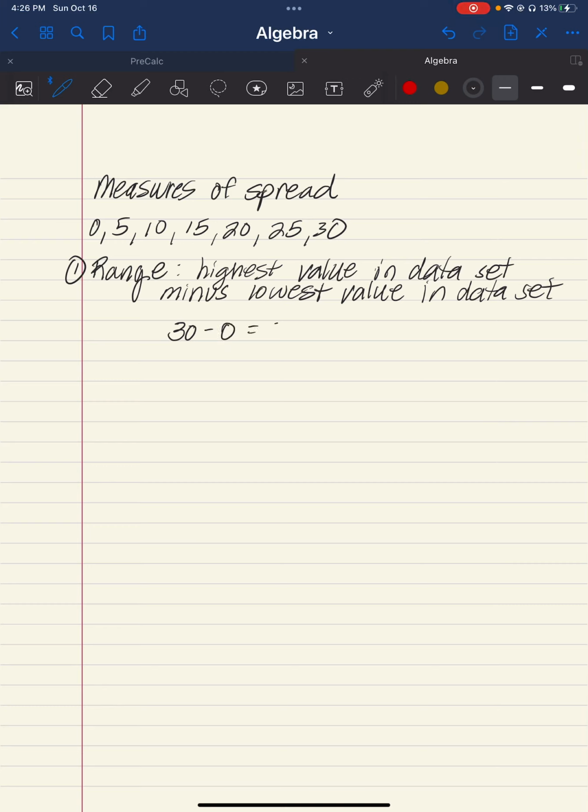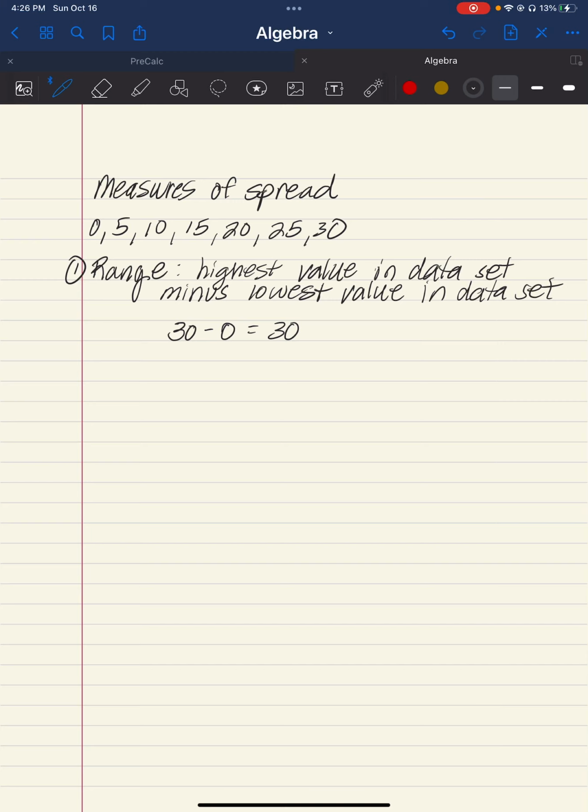We subtract those two, we get 30, and that is our range. So it's saying our values are spread out across a space of 30. If we erase the 0, it would be 30 take away 5, and our data set would only be 25 points long instead of 30. But this is how we calculate range.